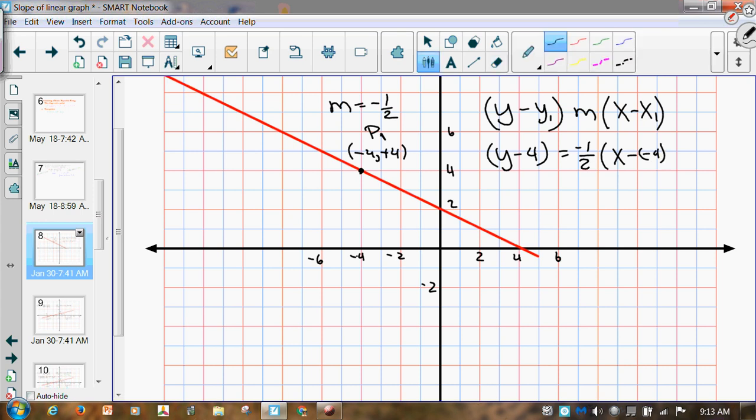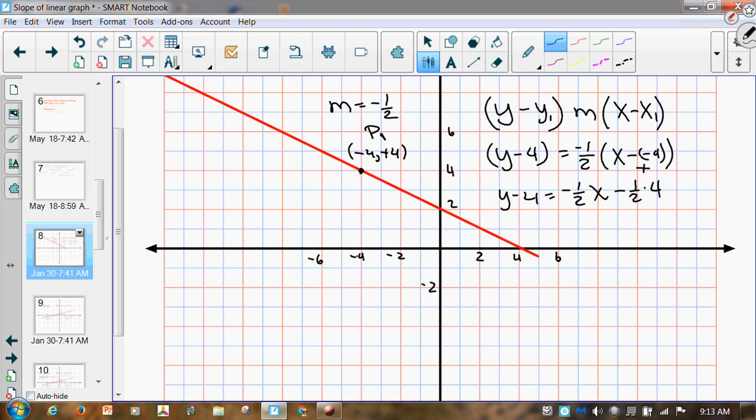Now we can go ahead and collect our terms. So we have y minus 4 equals -1/2 times x, and then we have plus, because minus a -4 makes that a plus, so we have minus 1/2 times 4.